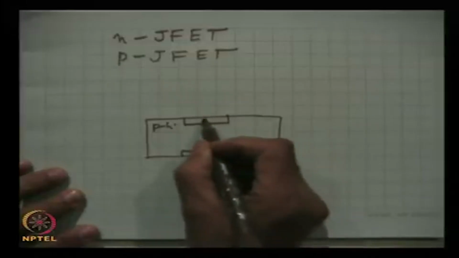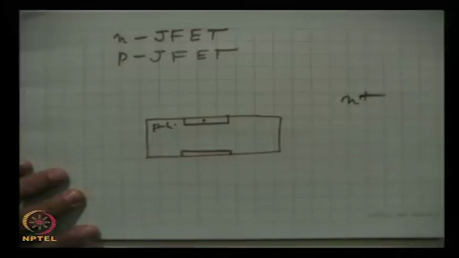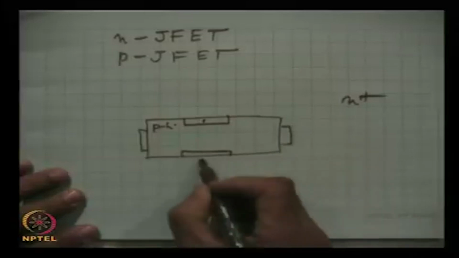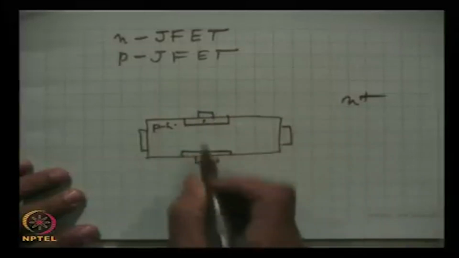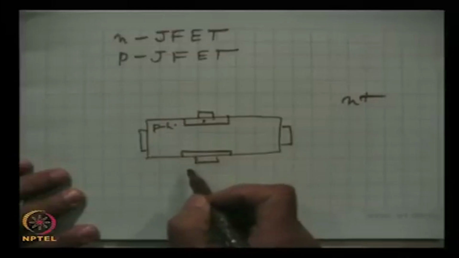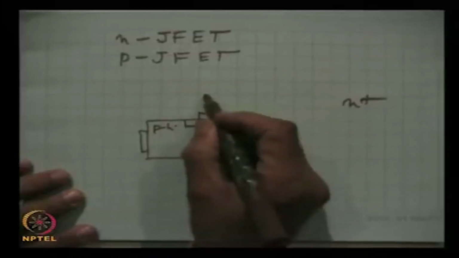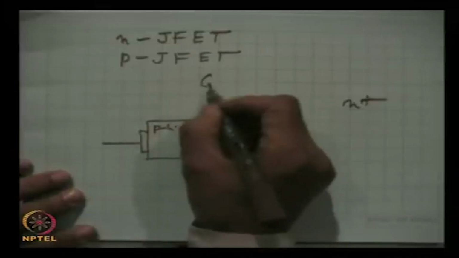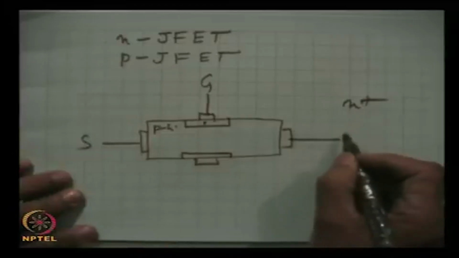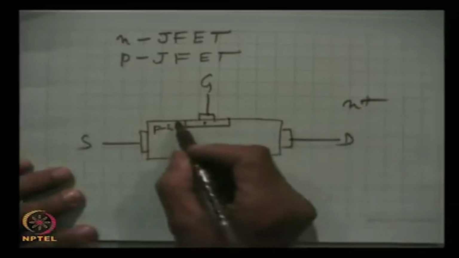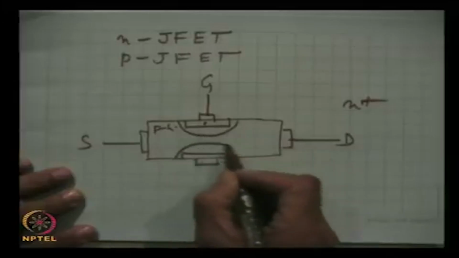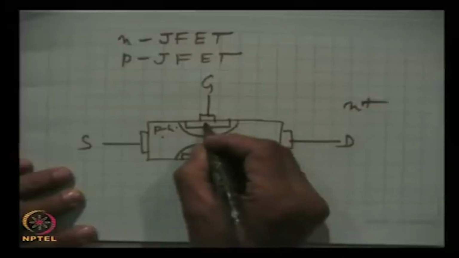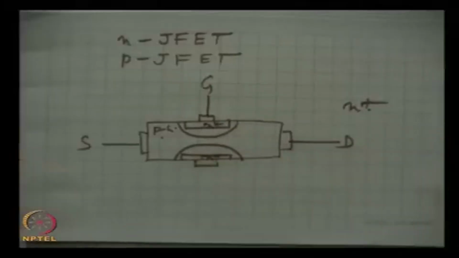These are the heavily doped N type gate regions. We will apply the electrodes, and these two gates will be internally shorted to each other, so that externally only one lead is available, and this is gate, this is source, and this is drain, and same thing, depletion regions will be here. This is now P and this is N region, heavily doped N regions.